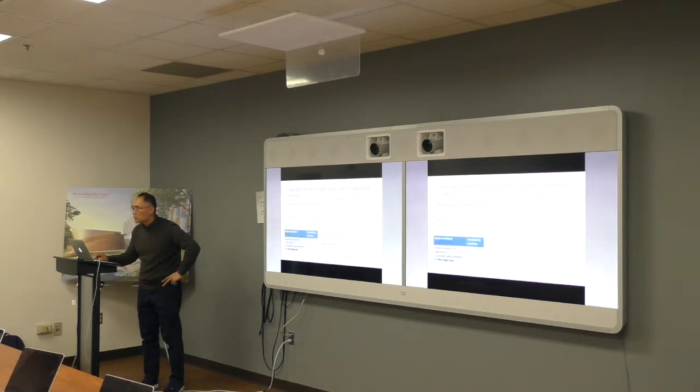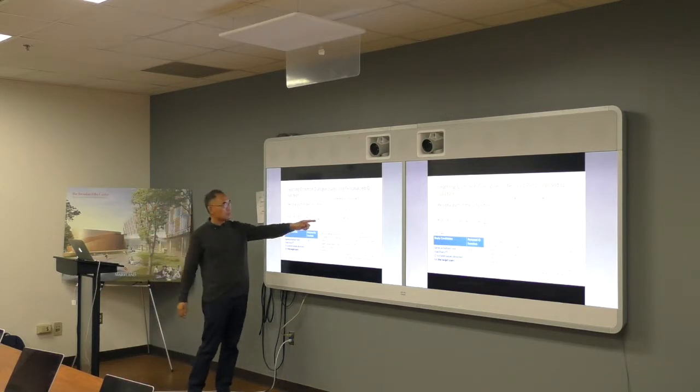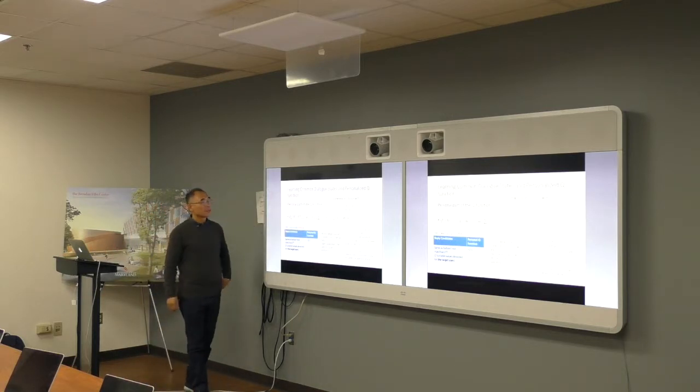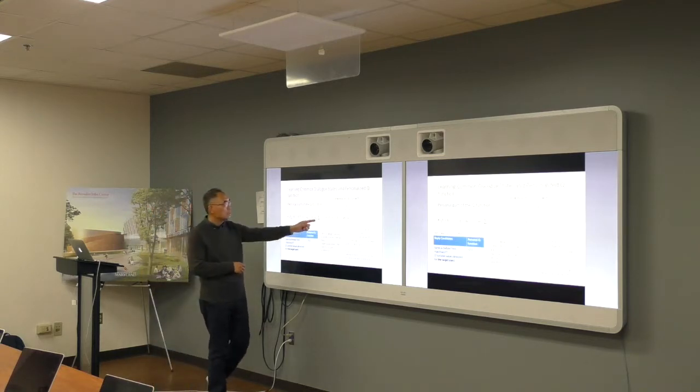So let me just move quickly and tell you that, in fact, we invented a gating mechanism. This is a switch. It can be 0 or 1.